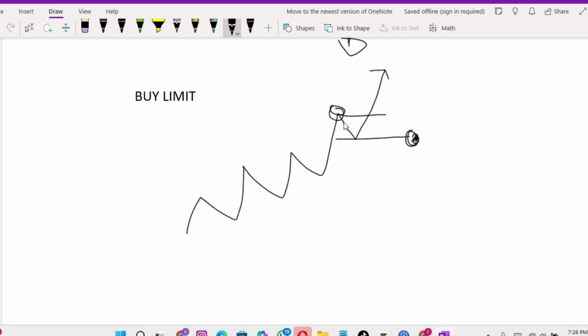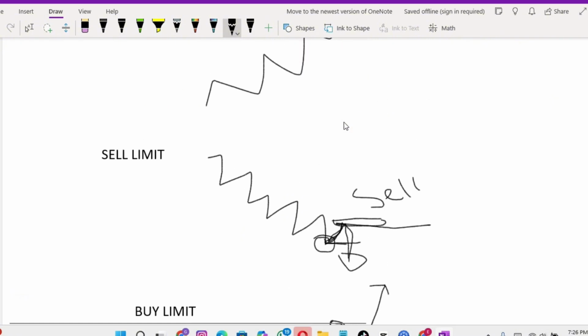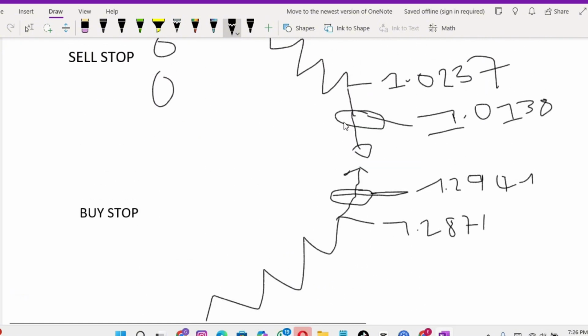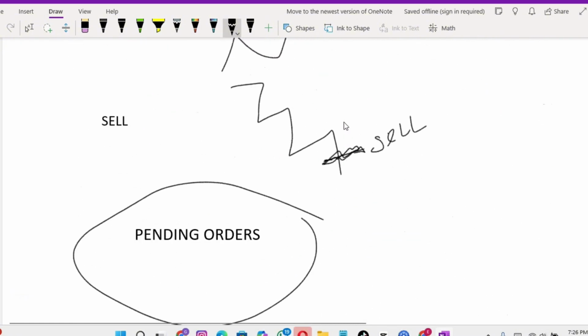You can decide to place a pending order, either a buy limit, a sell limit, a buy stop, or a sell stop order. So if the market should get to that price when you are not available on your chart, a buy or a sell position is going to be open.